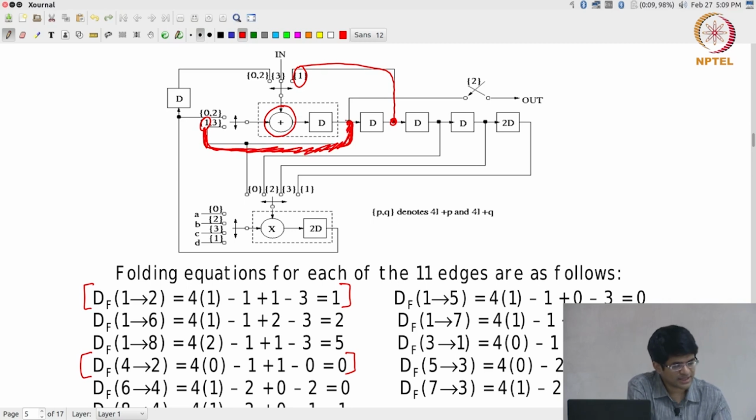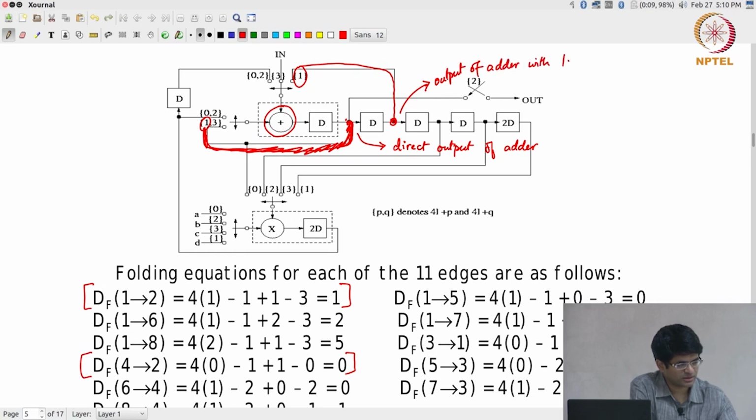This is the output of the adder, output of adder with 1 register delay. So in other words, this corresponds to the edge from 4 to 2 and this corresponds to the edge from 1 to 2.